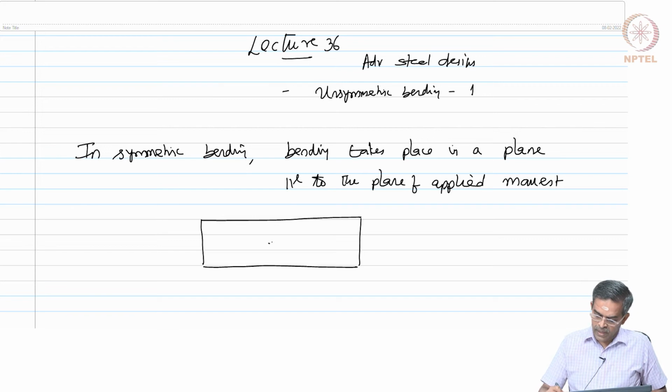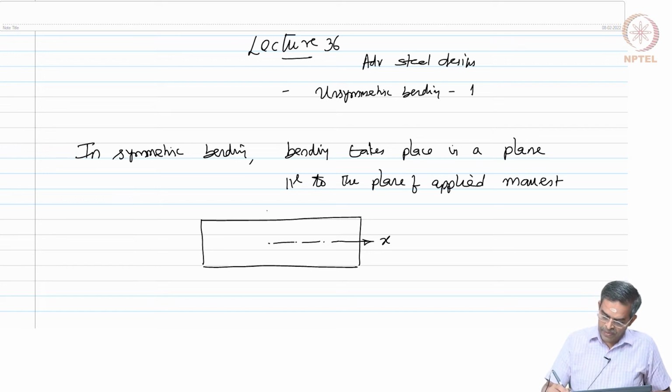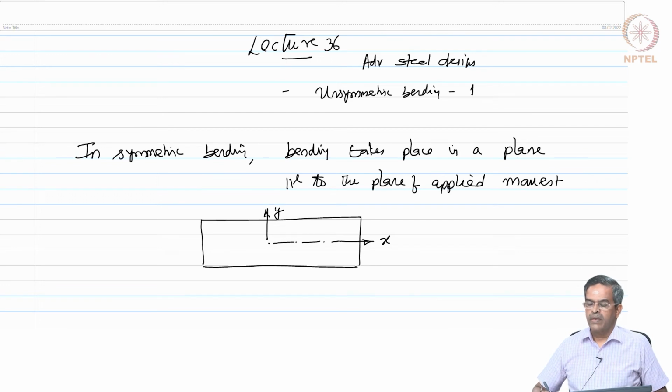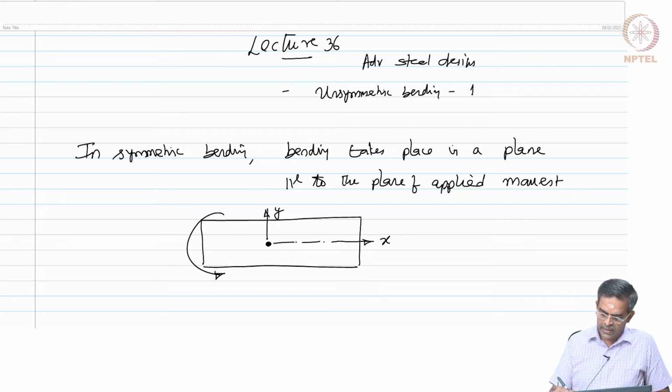Let us say this is my x axis of the beam, which is along the span of the beam. Let us call this y, and the z axis is normal to this laptop screen. With that axis, I apply a moment about that axis. I call that Mz.